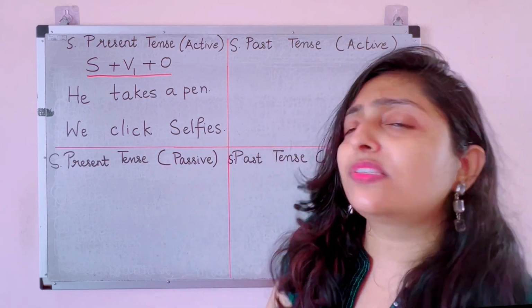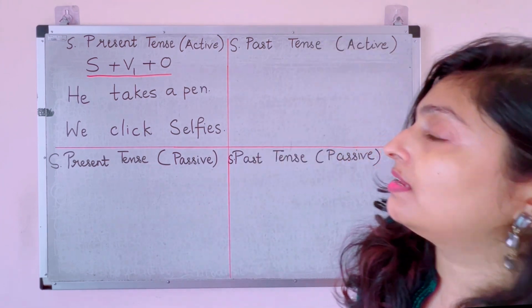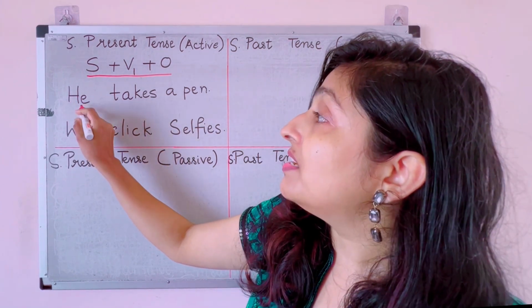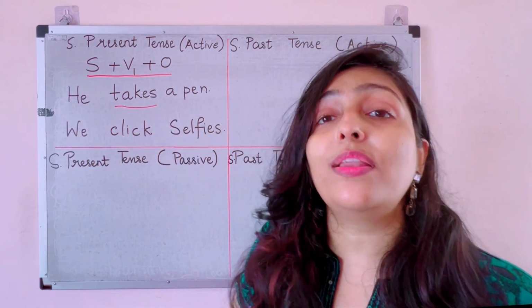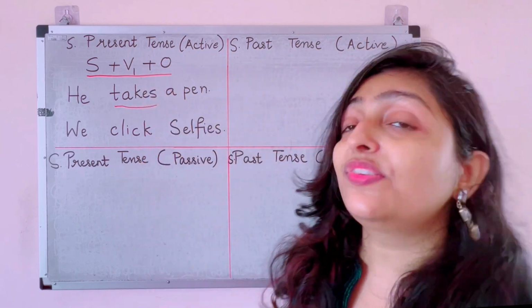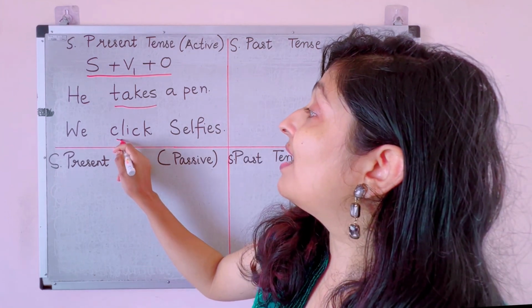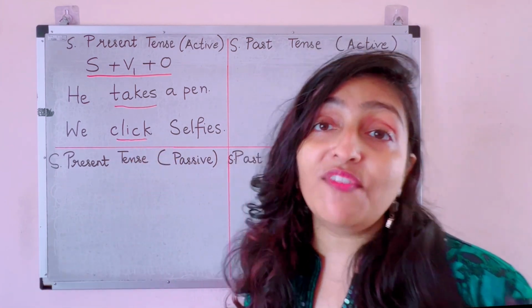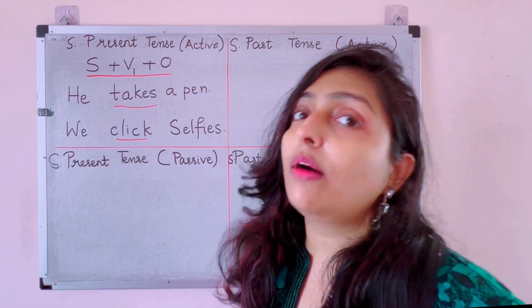In the second example, object is plural and that makes a difference. So he is the subject, takes is V1, pen is the object. In the second example, we is the subject, click is the verb V1 and selfies is the plural object.